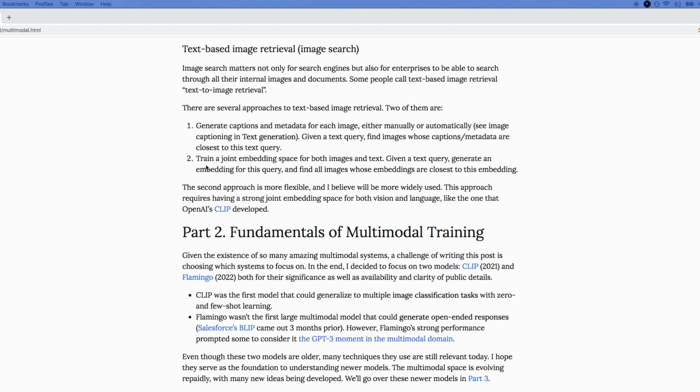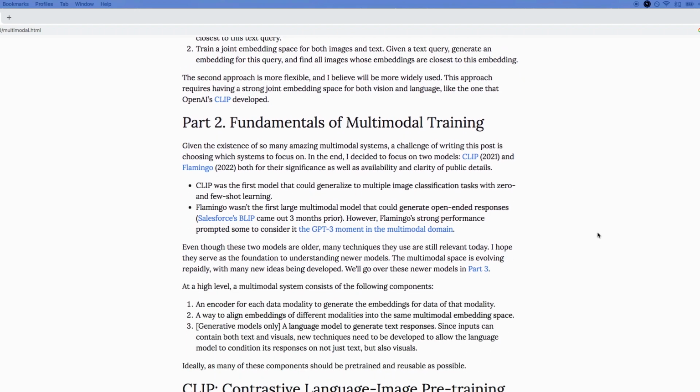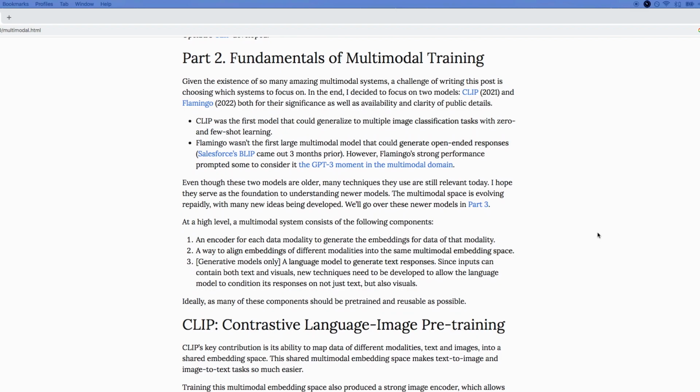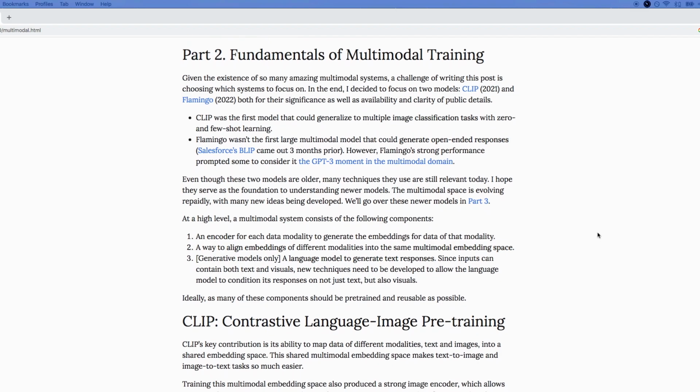I do see the second case has benefit if it's fine-tuned, but it can also be noisy. As far as I know, most of the cases nowadays when they process images, even for the ones on YouTube, they rely heavily on the first one. The second approach requires having a strong joint embedding space for both vision and language, like the one that OpenAI's CLIP developed.